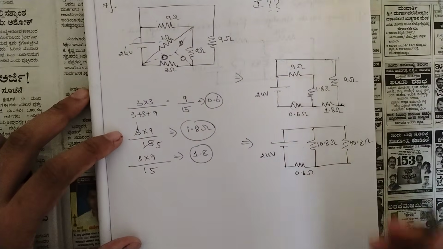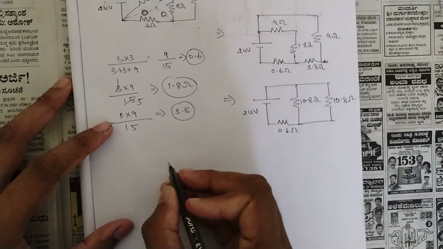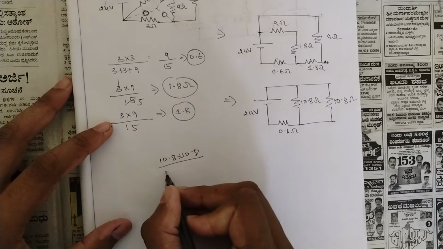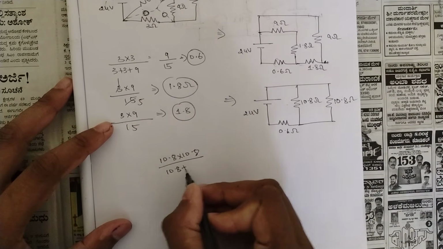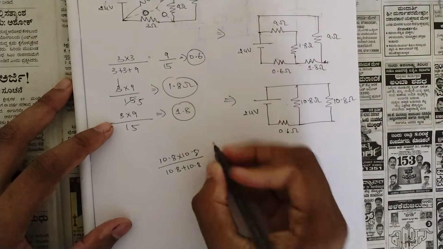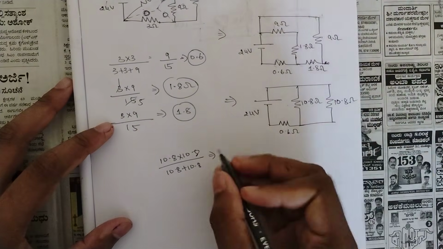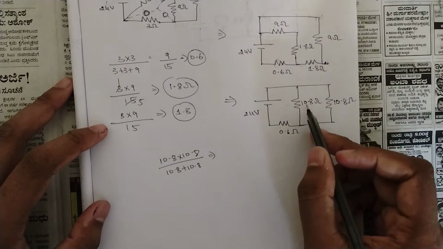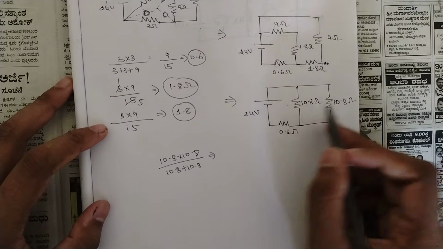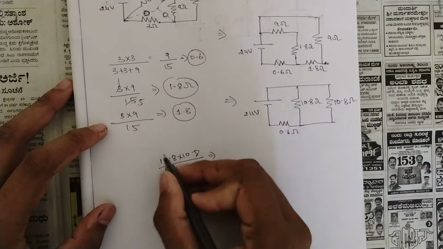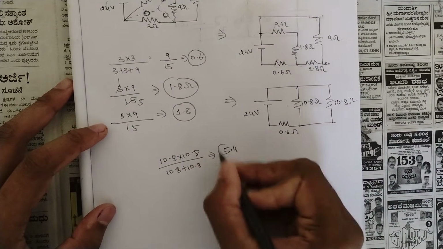Now finally these two are in parallel, so convert them to a single equivalent resistance, that is 10.8 into 10.8 divided by 10.8 plus 10.8. One more trick: whenever resistors in parallel have the same value, we can directly divide the resistance by 2. That is 10.8 by 2, which is equal to 5.4.